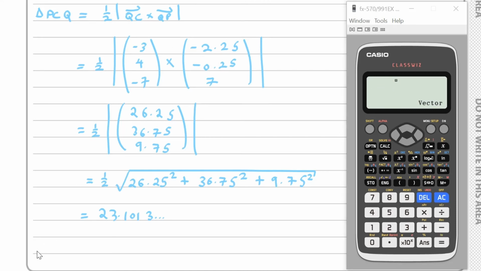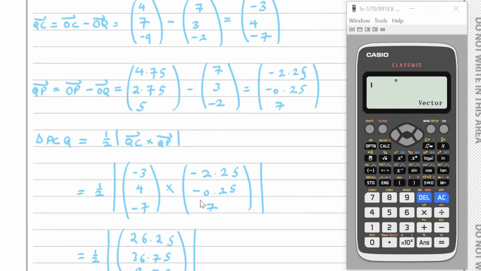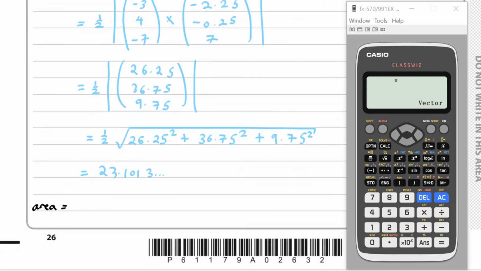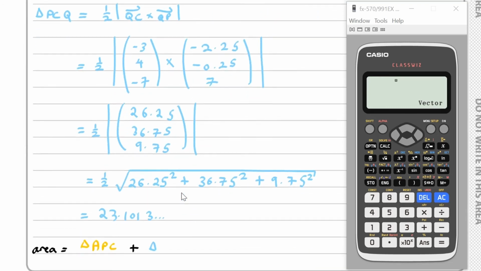we can therefore say that the area is equal to the area of the triangle APC plus the area of the triangle PQC.